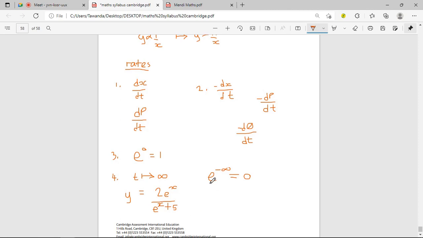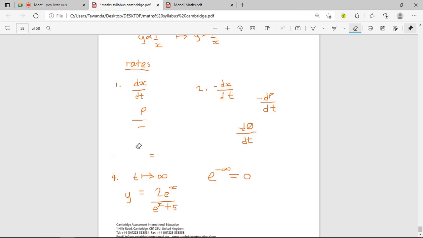Then they say, can you explain what happens to y if x becomes very large?